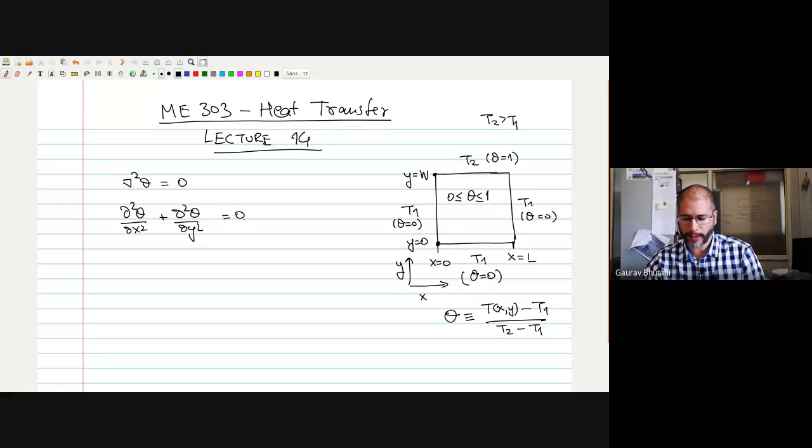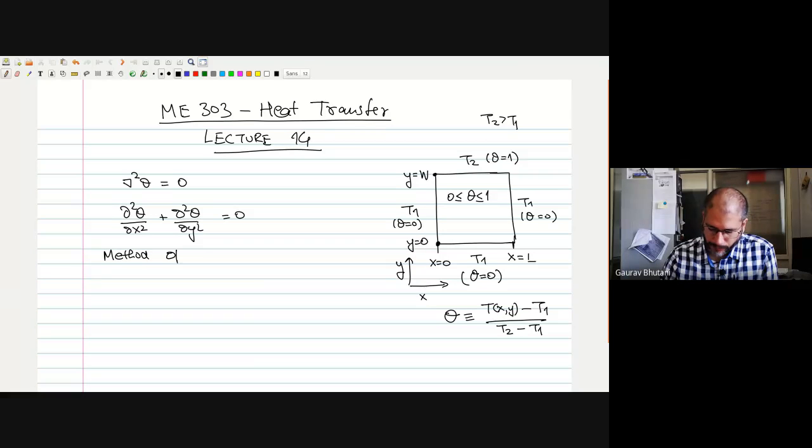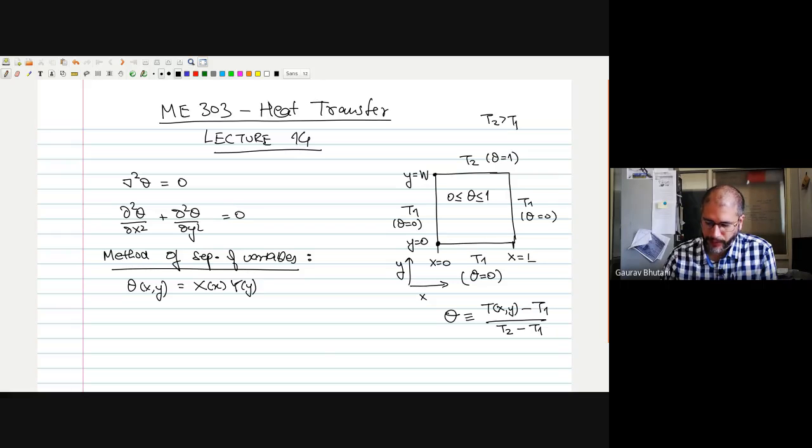Then we used the method of separation of variables, in which we assume that theta, a function of independent coordinates x and y, can be written as a function capital X times a function capital Y. This is an assumption we took.